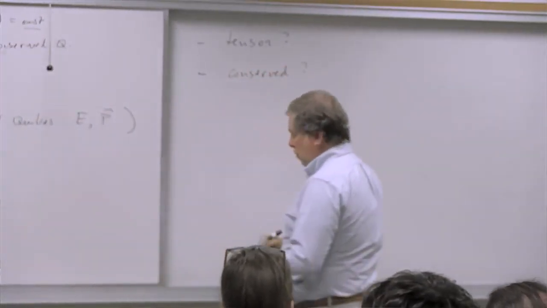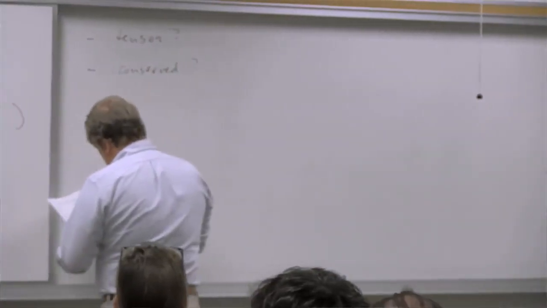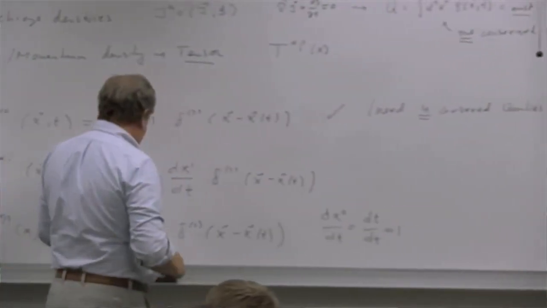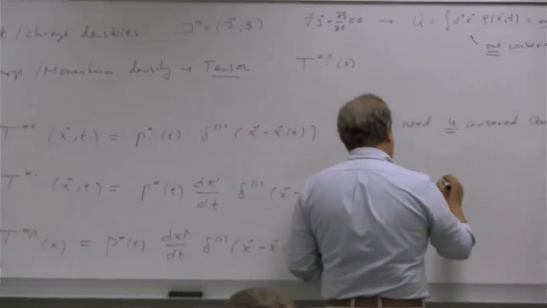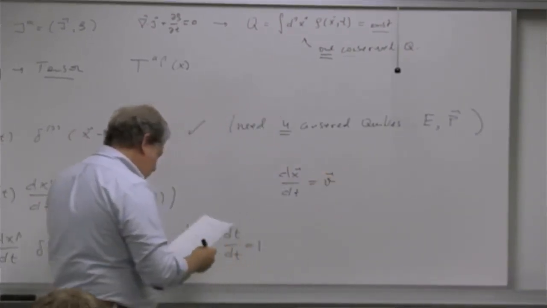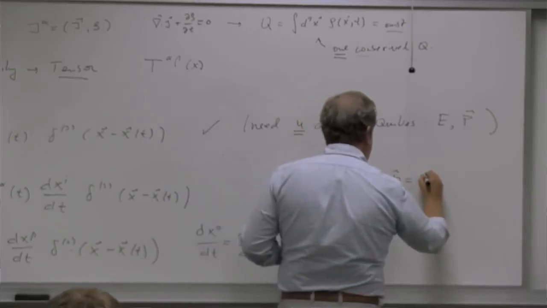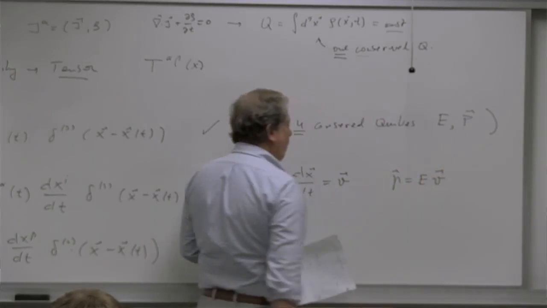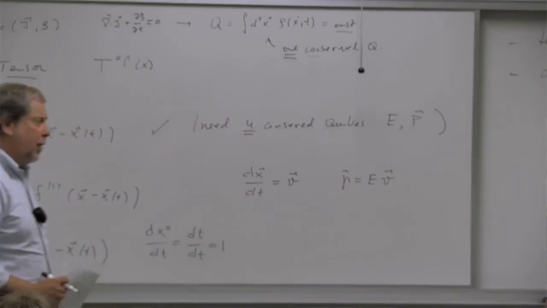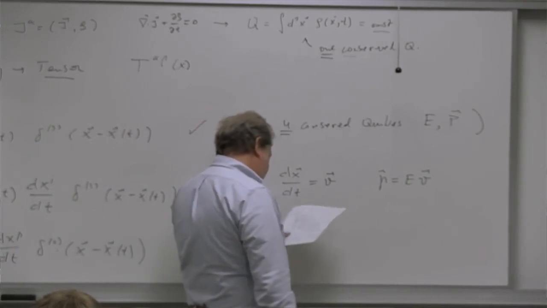Very good. Okay, so we're going to answer the first question by doing the following. dx by dt is just the velocity. But we can use the relativistic relationship: we can trade the velocity for the momentum, because this is what follows out of Einstein's relation between the energy and the momentum and the velocity.